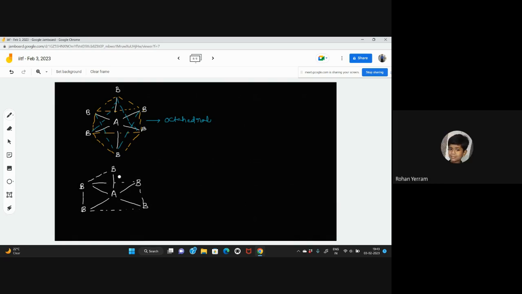So structures exist in 3D or 2D, sir? 3D, but actually we are writing in 2D. I'm writing only the front visual only.